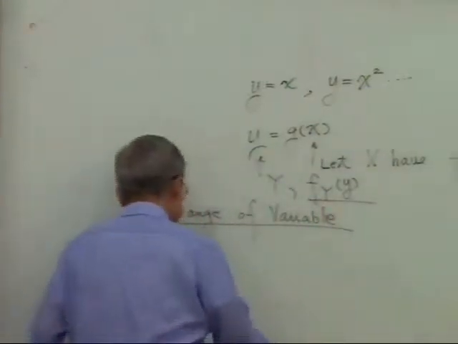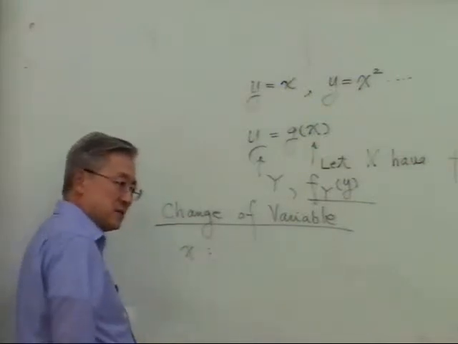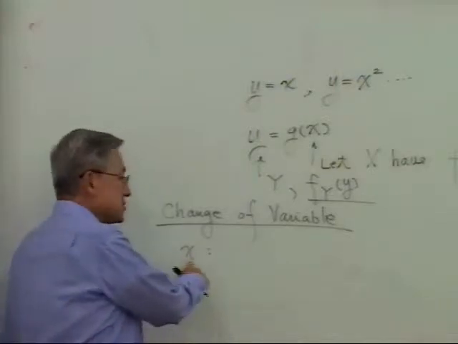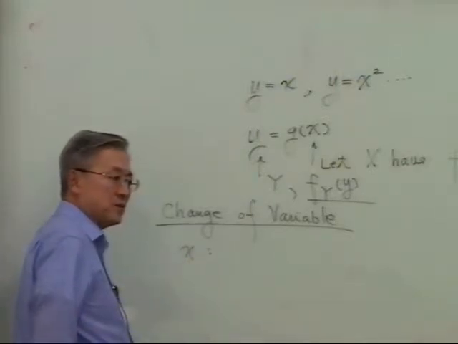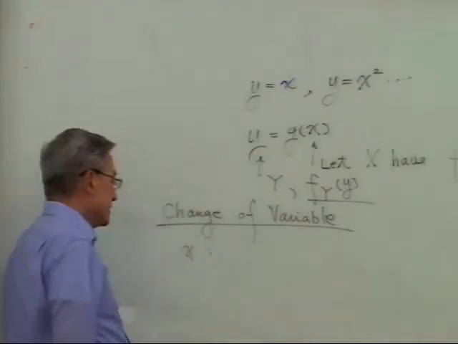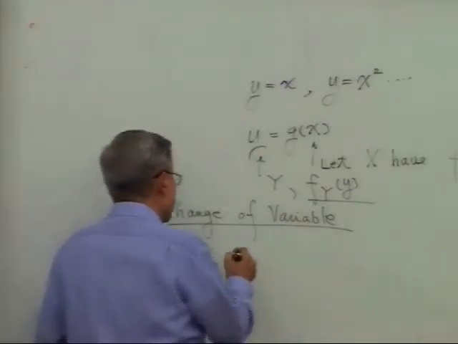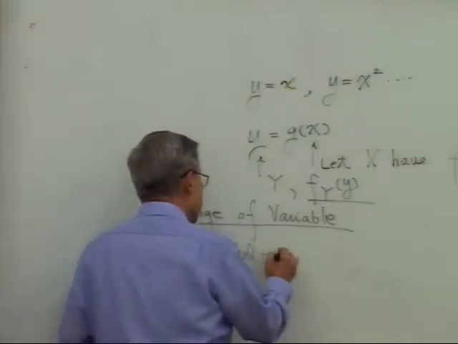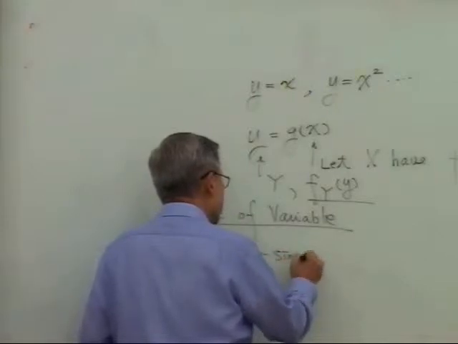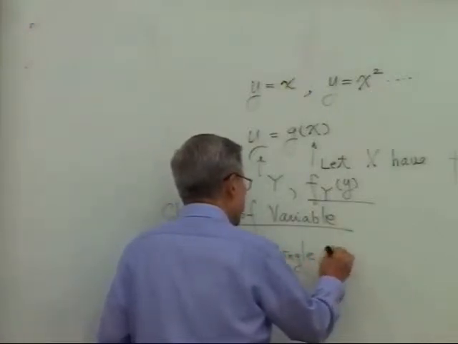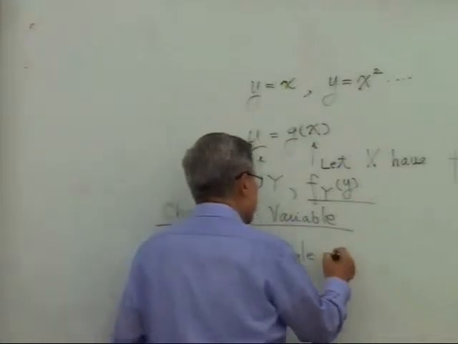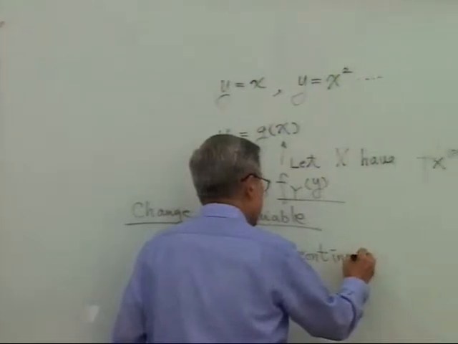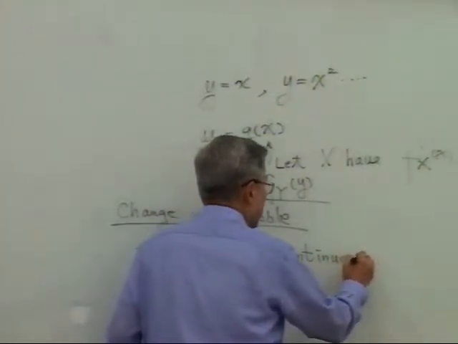Capital X is a random variable, and small x is the value of the random variable for a particular outcome. So I'm going to say x is a real single-valued continuous function.